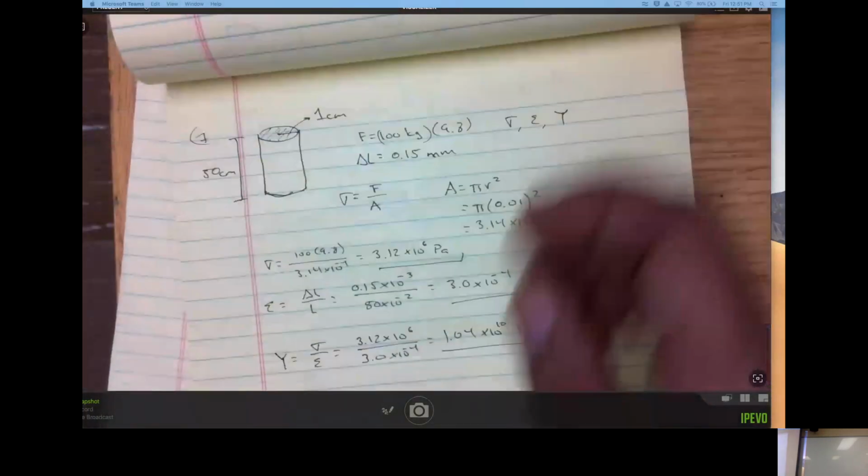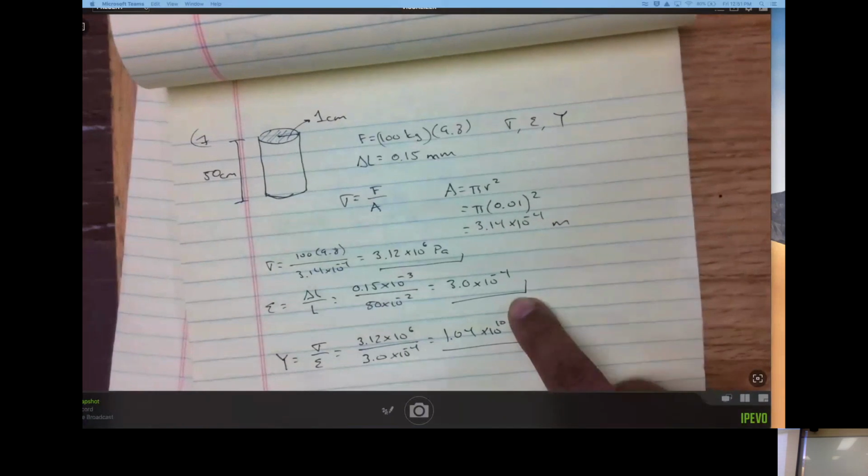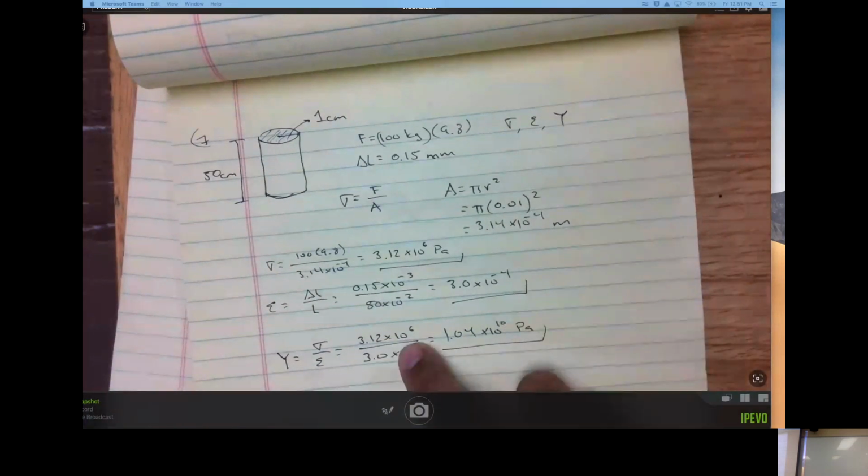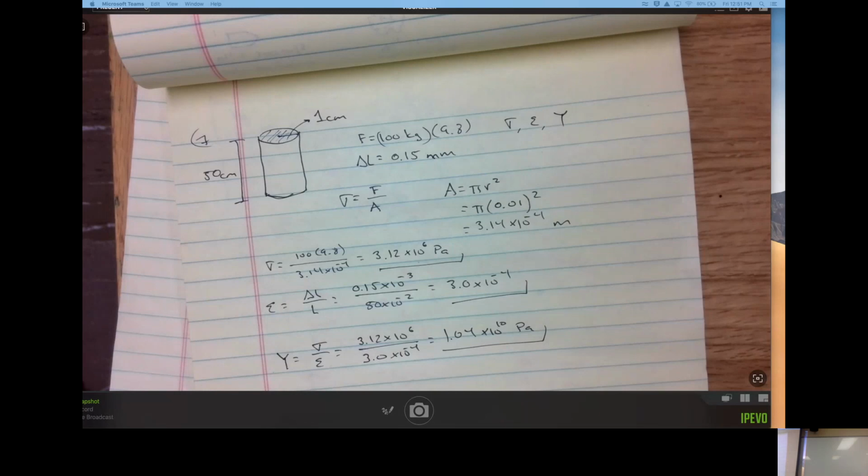Number 7. So we have the same stress, but the Young's modulus is different. It's your area, what is that? Yeah, so you calculate the area and I put a different number. 3.14, and then you put this one.